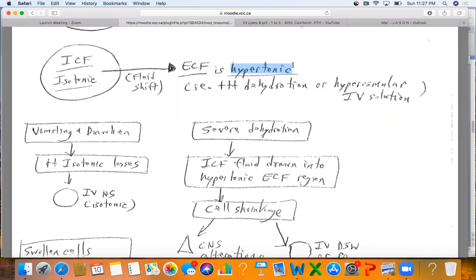Say they had relatively hypertonic fluid running around the vascular space, which way would we expect fluid to flow? That's right. More solutes here than inside the cell, which is isotonic, so fluid is attracted to the solutes and drawn out of the cell into the bloodstream. This can cause problems in and of itself, which we'll talk about later, but that's the direction the fluid will be drawn, to where there are more solutes per milliequivalent.